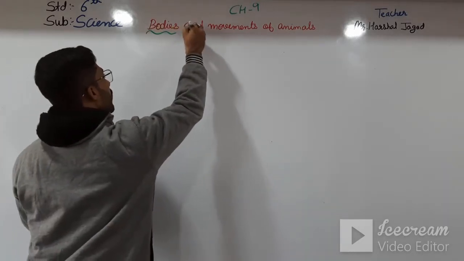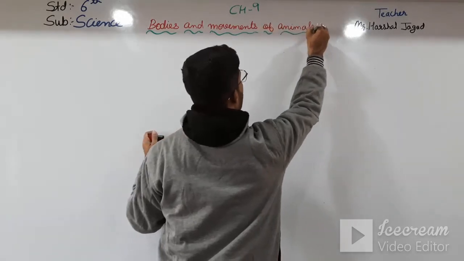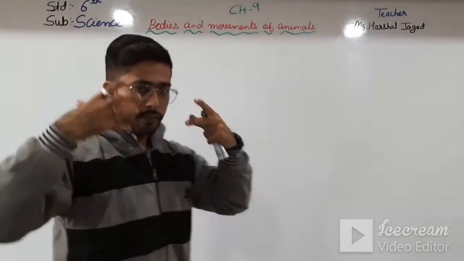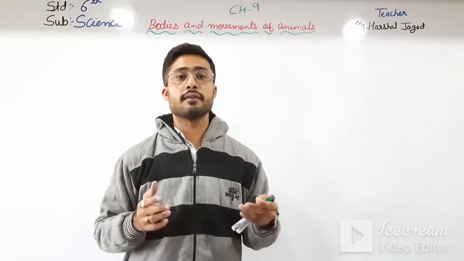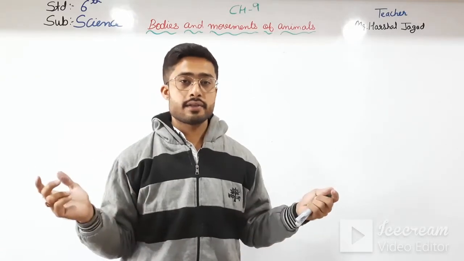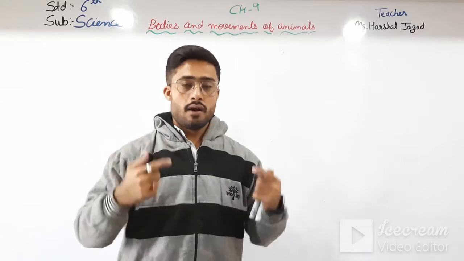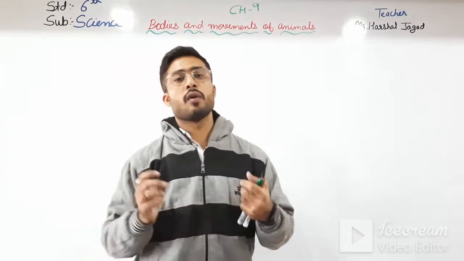First of all, we will talk about bodies. So what is a body, students? We know that this is our body. In our body there are many things: hands, eyes, nose, mouth, ears, legs to walk. So this is our body.